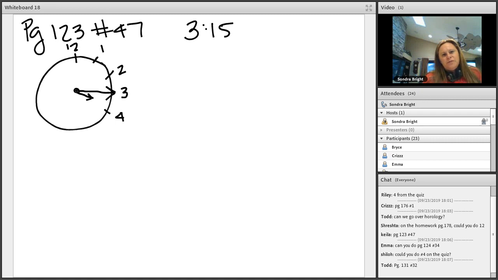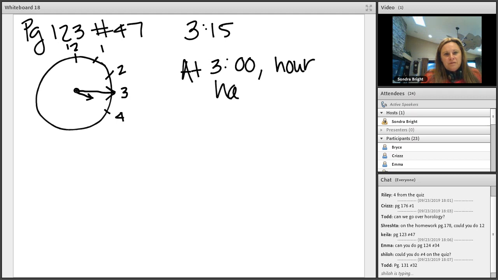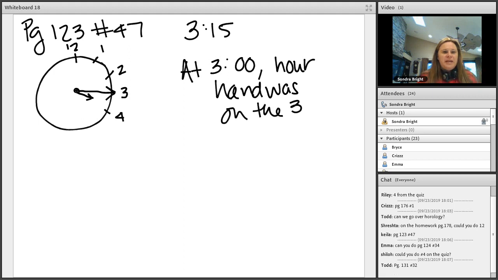So all you got to do is figure out how far, because at 3 o'clock exactly, the hour hand, the short one, was on the 3, right? But it has moved 15 minutes' worth, right?